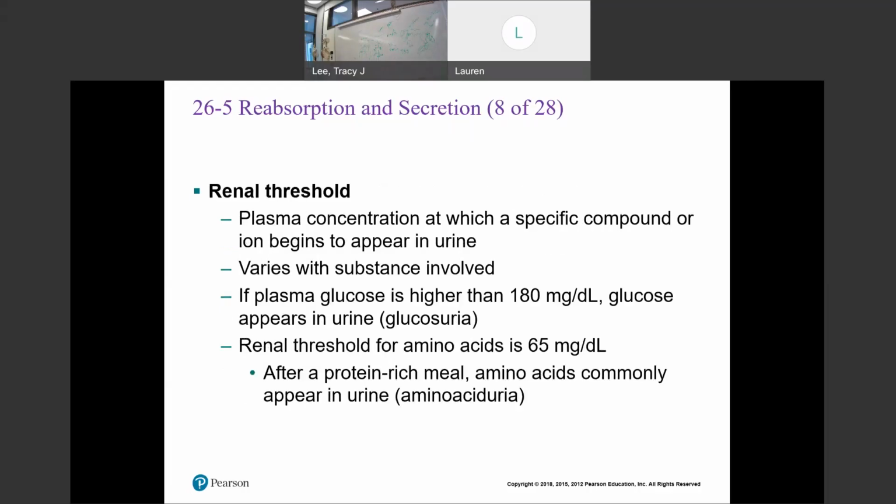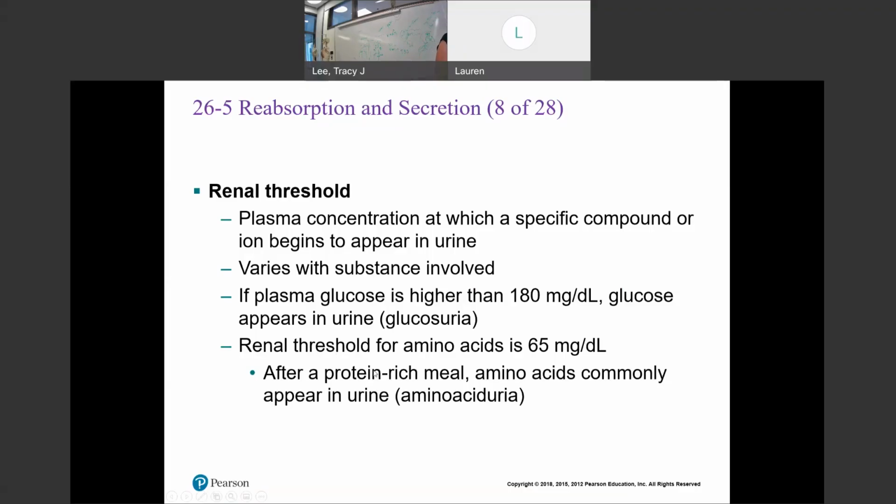All right. Okay, a couple terms just to know. If I have too much glucose, we call it glucosuria. 180 milligrams per deciliter. Anything over that is considered too high of glucose. Amino acids, we may see some amino acids after meals, maybe with high protein diets like keto diets, things like that.